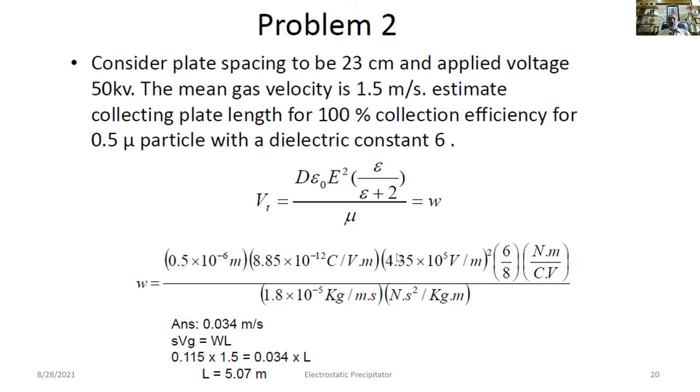As we have to work out the length of the plate in order to have 100% collection efficiency, the design must satisfy that the time taken by a particle to travel up to the plate from the wire must be equal to or less than the time the particulate matter would take to travel through the conduit from the inlet point to exit, that is, the entire length of the plate.